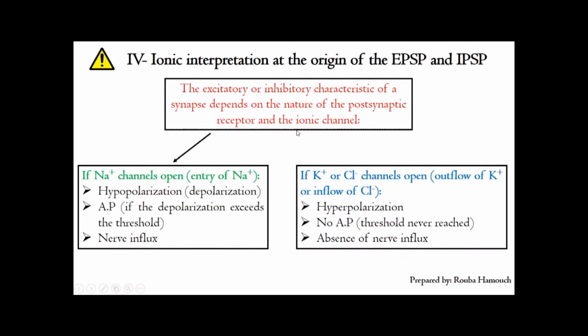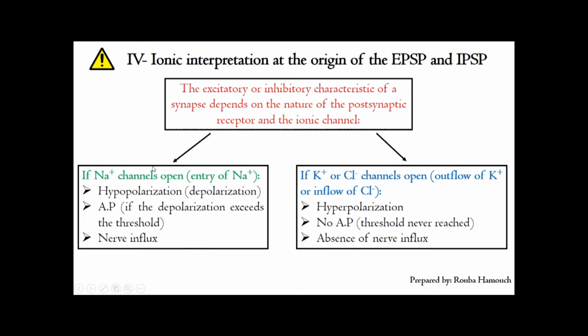So the excitatory or inhibitory characteristic of a synapse depends on the nature of the postsynaptic receptor and the ionic channel. Here we are going to make an ionic interpretation at the origin of the formation of the excitatory postsynaptic potential and the inhibitory postsynaptic potential.